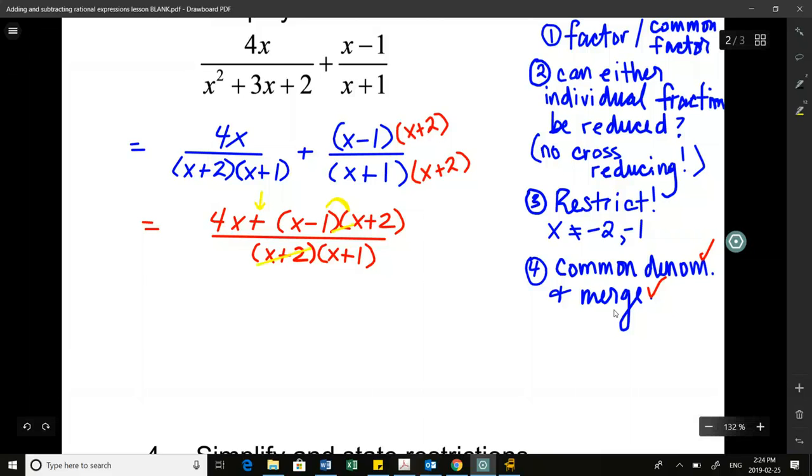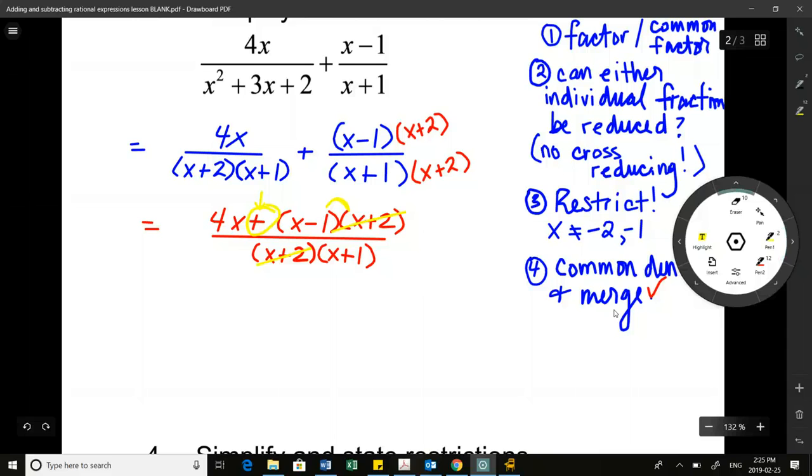Some people will do this. You cannot, however, do that because this is being added. It would have to be all multiplication on top for you to be able to cancel. So if I'm adding or even subtracting multiple things on the top, I don't want to cancel out individual parts of those things. So we cannot do this, so be careful about that.